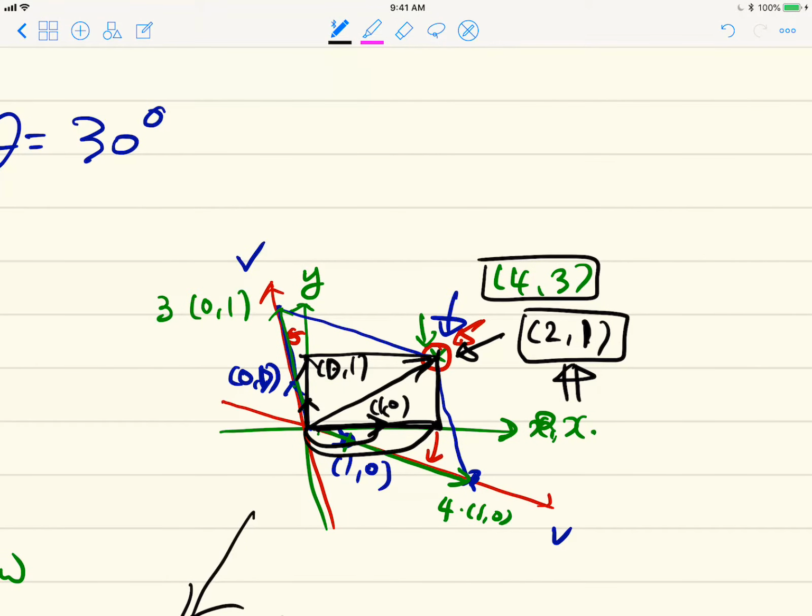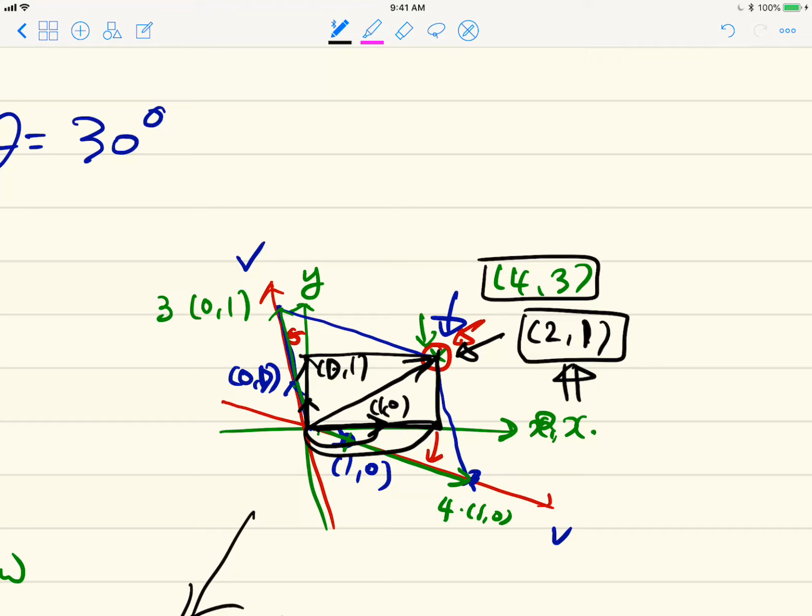And this coordinate change is formulated as a linear system. Okay, linear system.